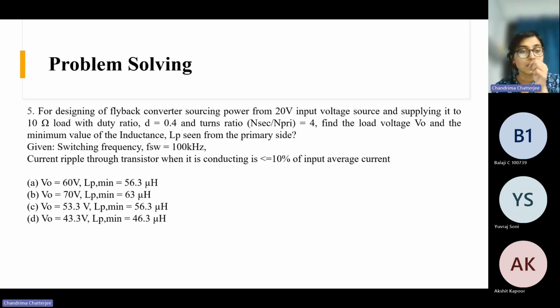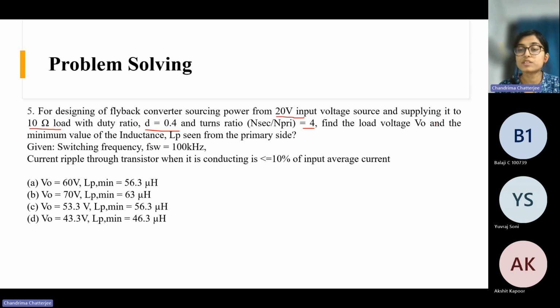Okay, so for designing a flyback converter, sourcing power from 20 volt input voltage, and supplying it to a 10 ohm load. The load resistance value is given here. The duty ratio is 0.4. Turns ratio is 4.